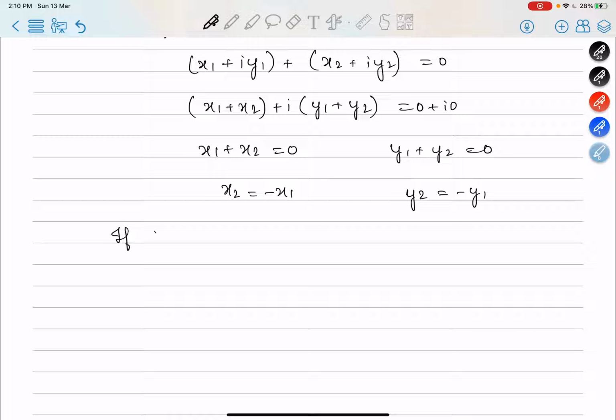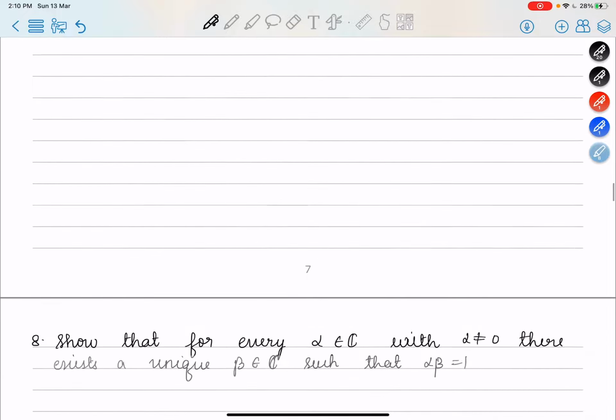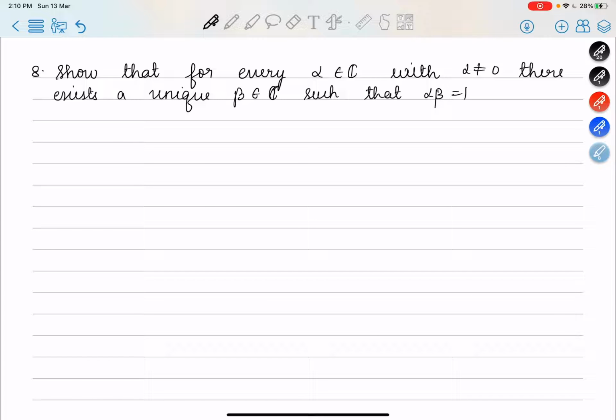And if beta equals minus x1 minus i y1, we will have alpha plus beta equal to 0, which implies existence. Moving on to the next question. Show that for every alpha belonging to C with alpha not 0, there exists a unique beta in C such that alpha beta is 1.